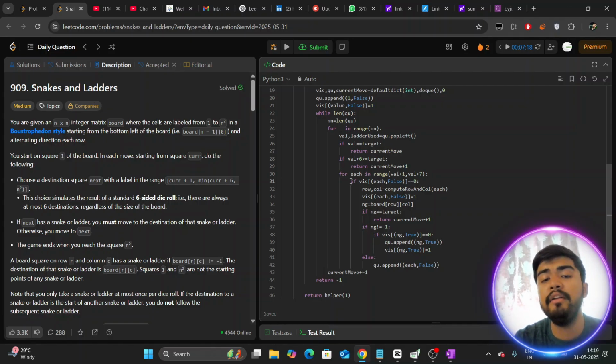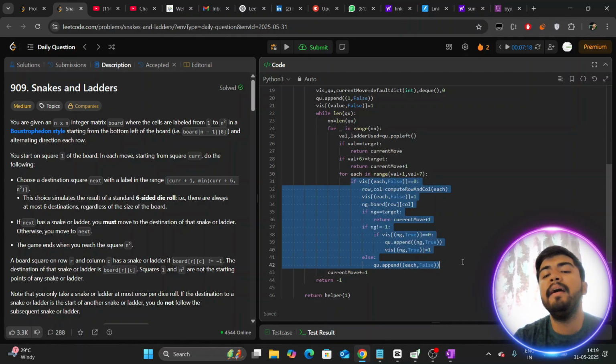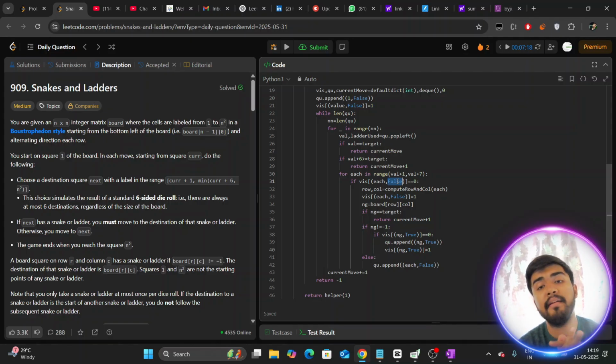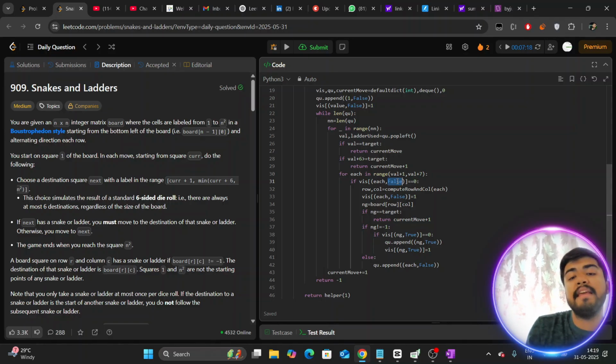I am going to check every computation only when that particular cell is not yet reached, and consider what the current configuration is: whether we reached that particular cell using a ladder or not. Only then do I have to consider what explorable things we can do.